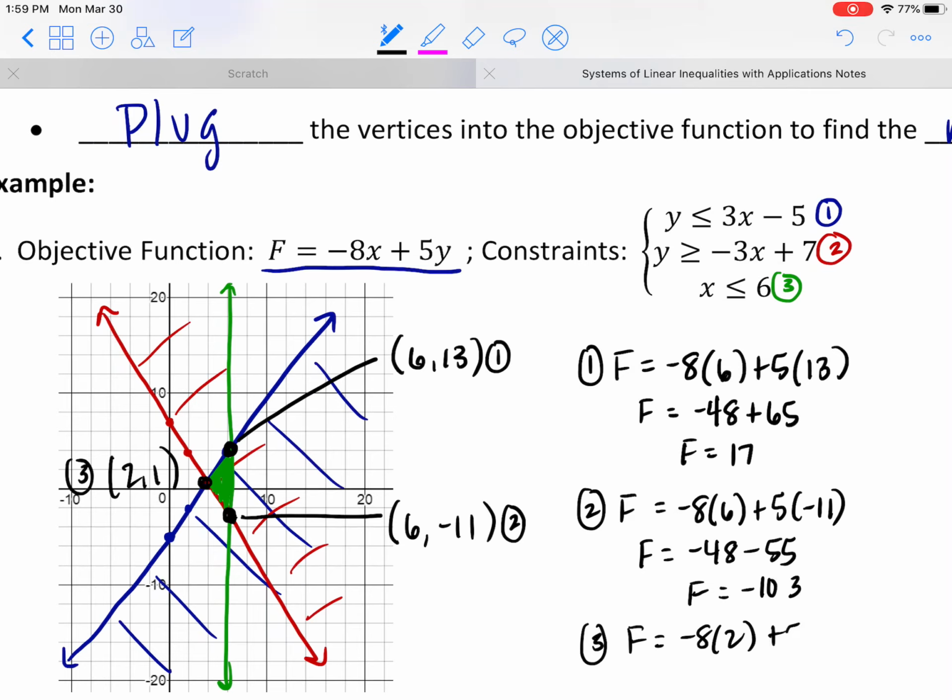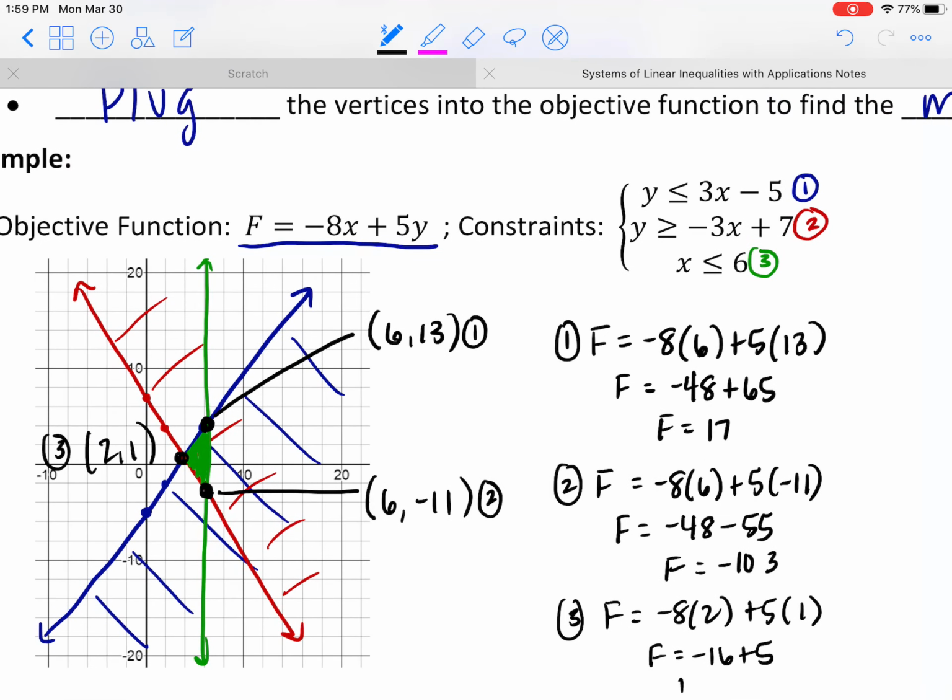And then the last one, f is going to be equal to -8 times x is 2, plus 5 times y is 1, which gives us -16 and 5. And -16 and 5 makes a -11.